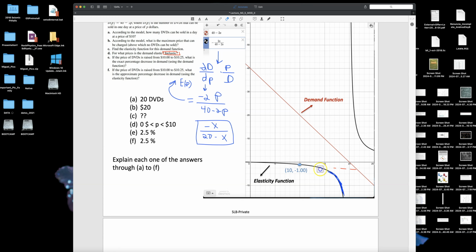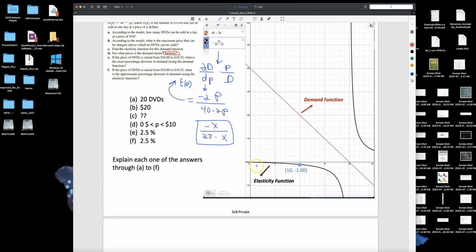Let me erase this for a moment and go back to the original functions. We computed the elasticity, and again I used Desmos to plot it, which is this function here.